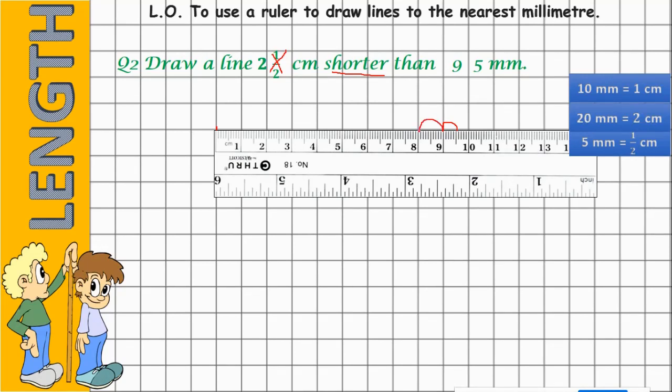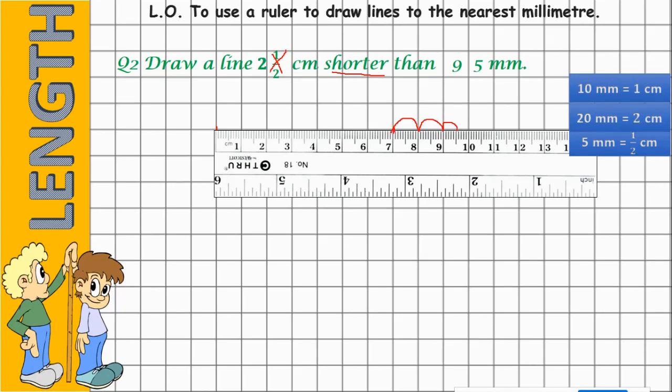So 1, 2. Alright. So it is 2 centimeters over here and a half centimeter jump over here. So have I got my exact point that I was looking for? Yes. So my new line is going to be 7 centimeters long, or 70 millimeters long.